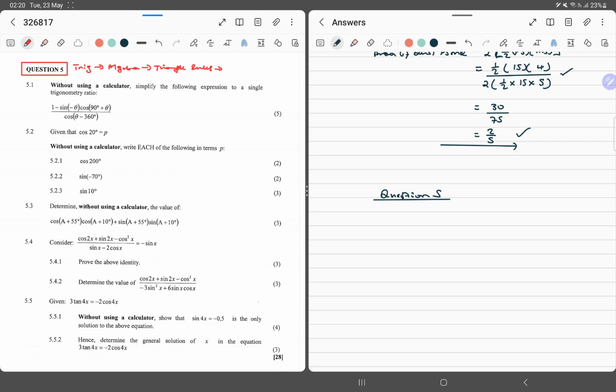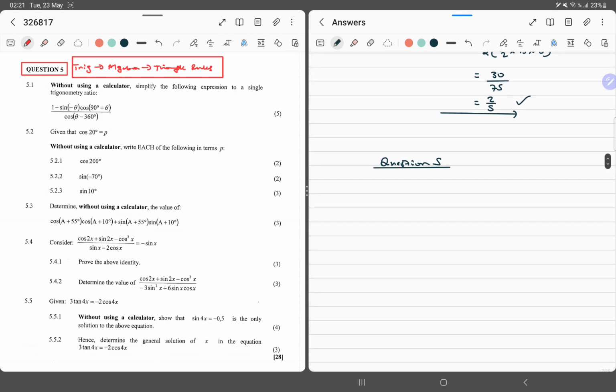Maybe we just stop here. Say here in trigonometry, you're just going to be dealing with this situation all the way. So trigonometry as a whole, bit of algebra there, then some triangle rules, they will help you.